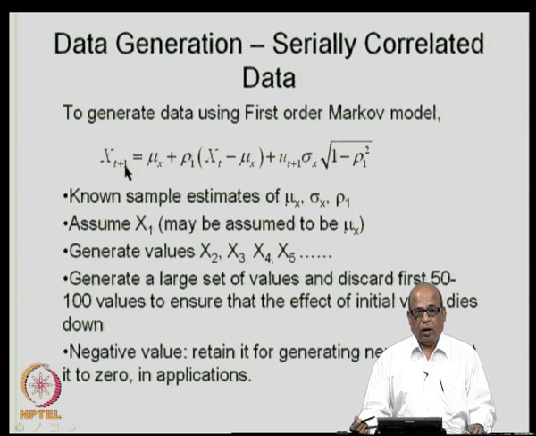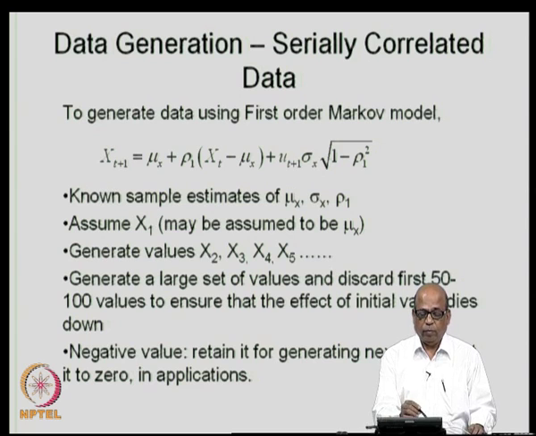And if you are looking at hydrologic variables, physical variables, for example, stream flow and rainfall and so on, these values cannot take negative values. So, essentially what we do is, when we come across a negative value generated by this model, retain the negative value as such for generating the next value.